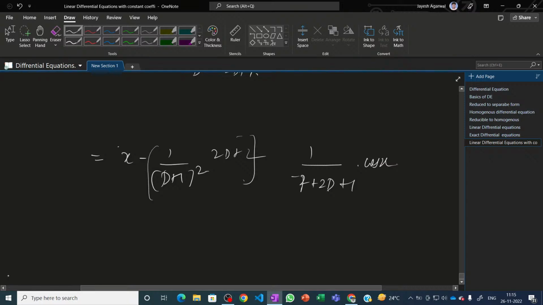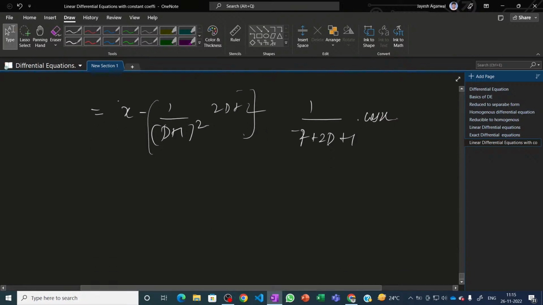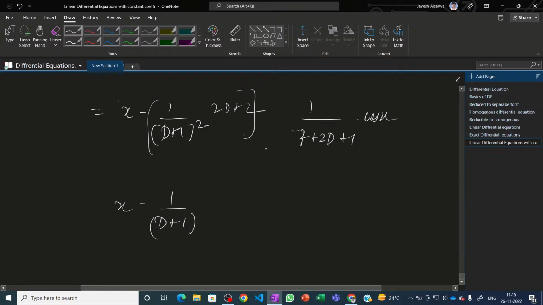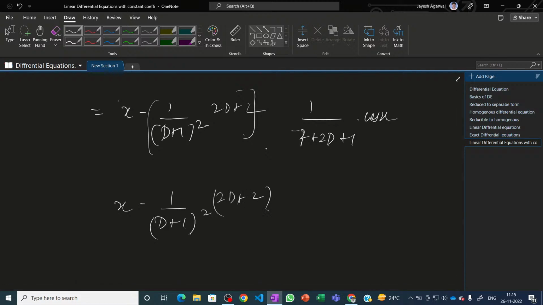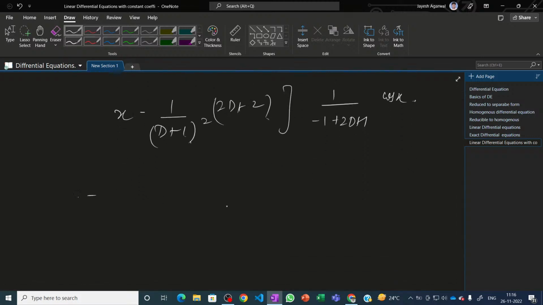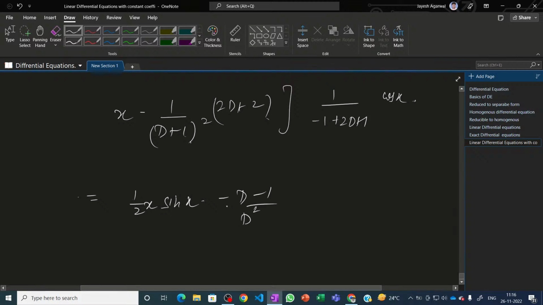Now we will differentiate and integrate the cos x as x minus 1 upon (D plus 1) square, 2D plus 2, times 1 upon minus 1 plus 2D plus 1 times cos x. So this would be treated as half of x sin x minus (D minus 1) by (D square minus 1) sin x.